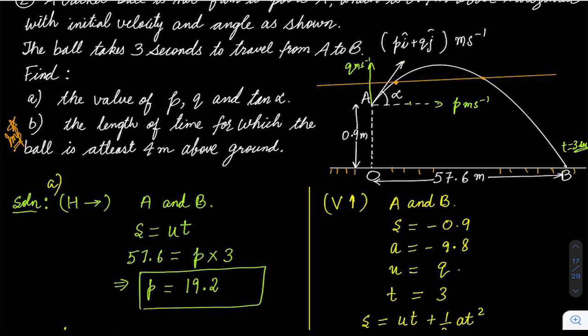So let's say this is 4 meters from the ground. Let's say this point is D, this point is C. So from C to D, in this motion, the particle is above the ground by 4 meters. So we need to find how much time it stays there.